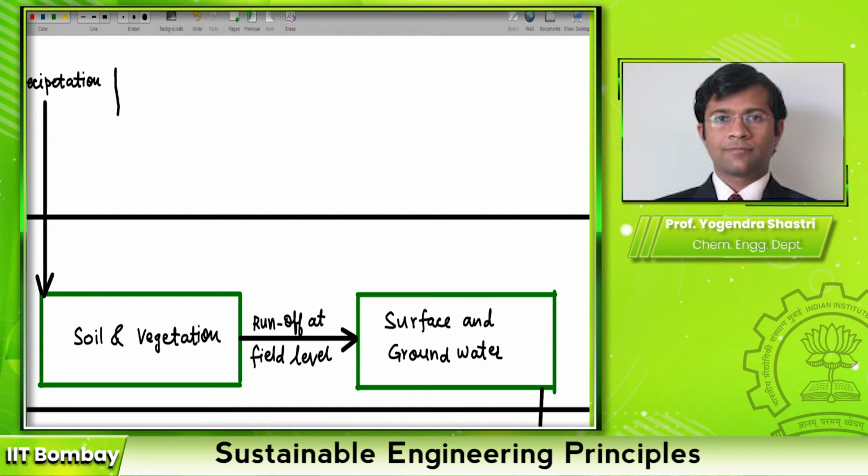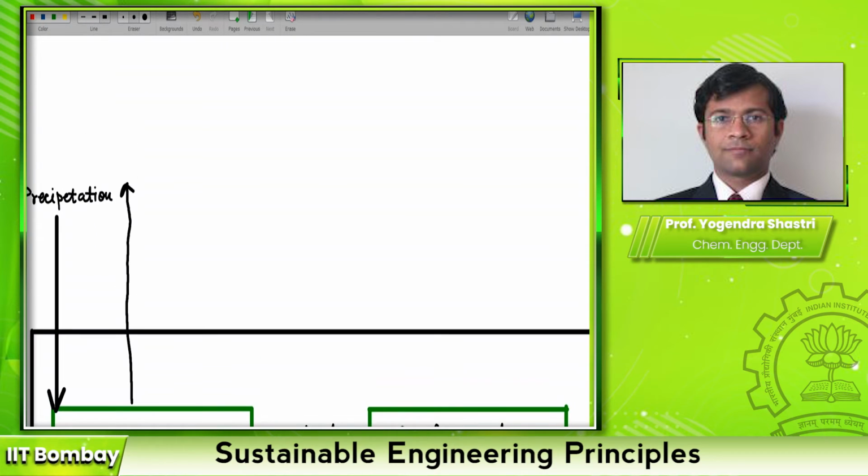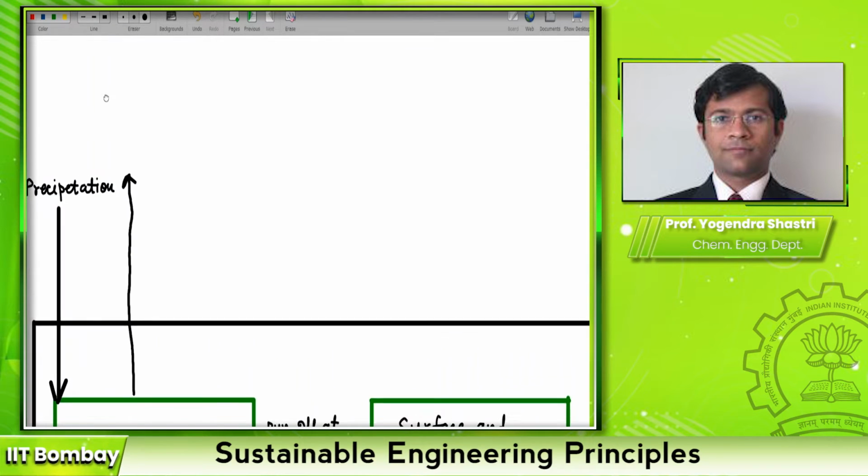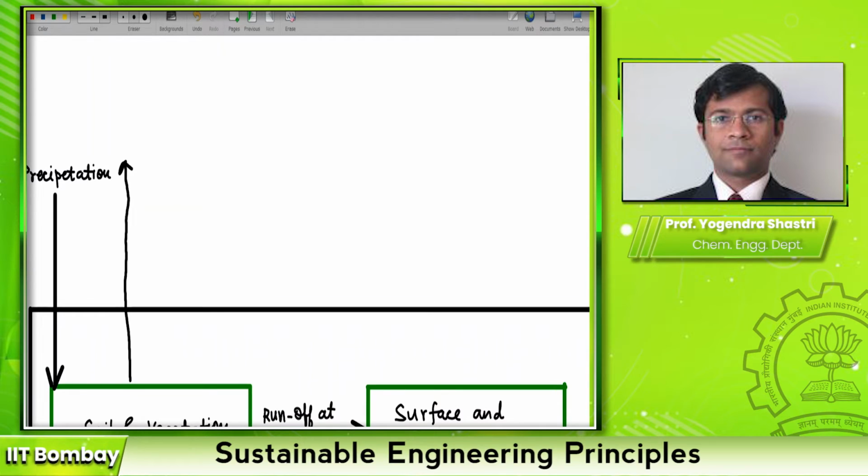So some of this water in the green water compartment will be used for non-productive evapotranspiration.